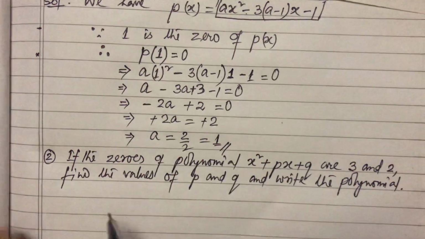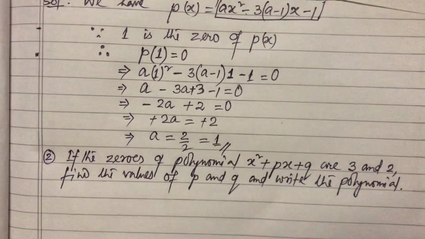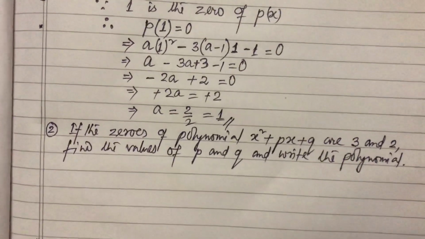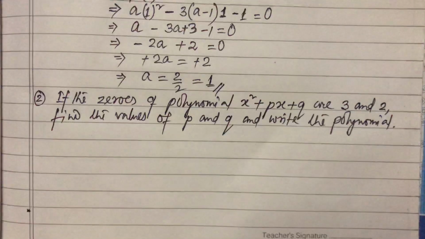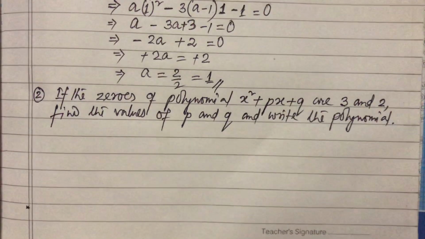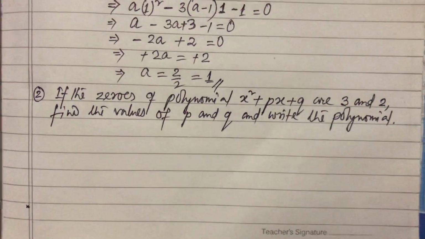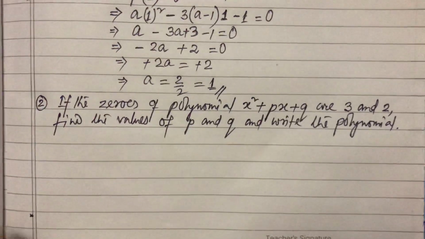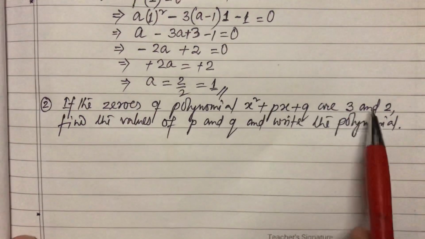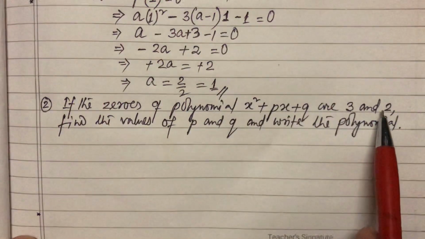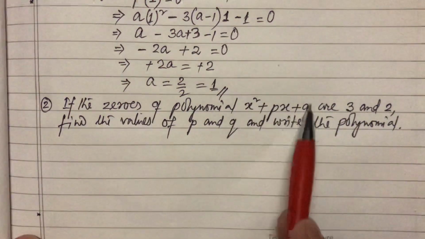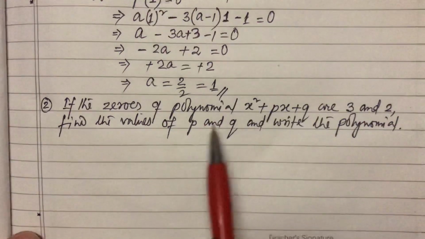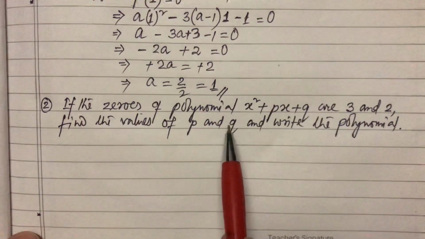Okay. So here it is told, we are given 3 and 2 as zeros of this polynomial, and we need to find the values of p and q.